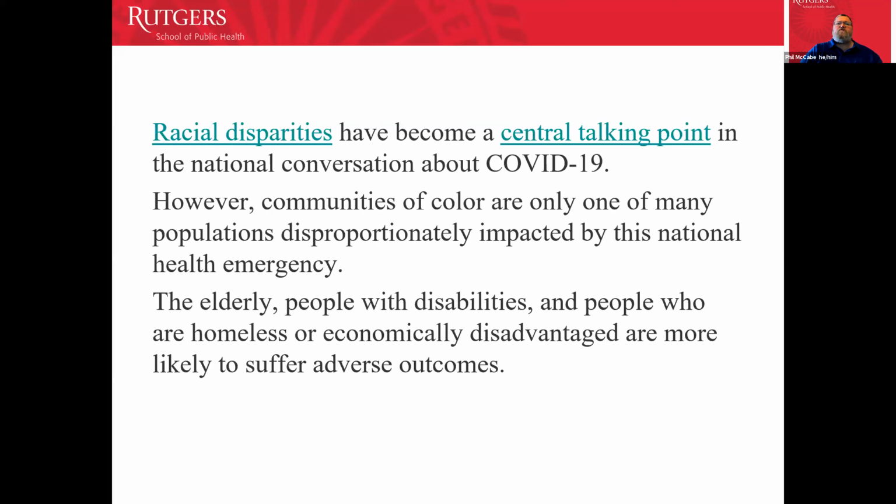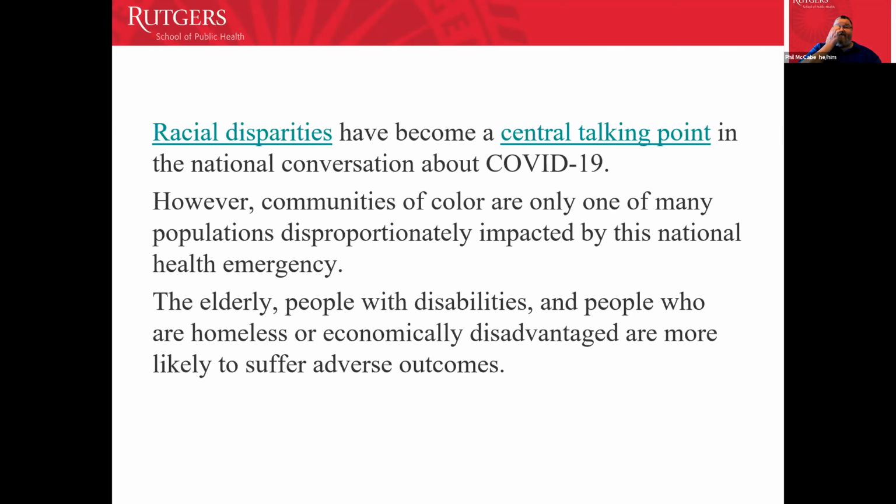We can talk about people of color, Black and brown communities, as some people refer to them. But then what is the difference between a person of color who is elderly and also dealing with a disability? What about homelessness and disadvantages that might exist among different groups?